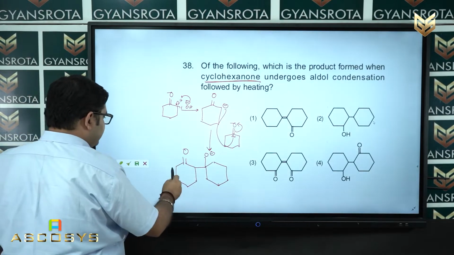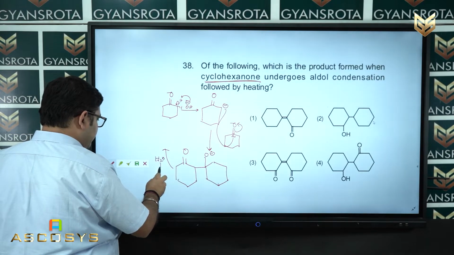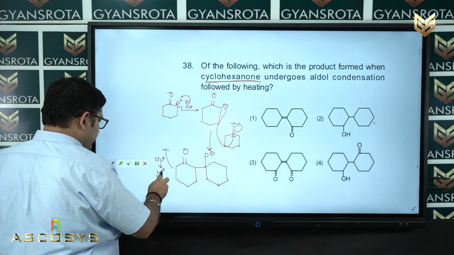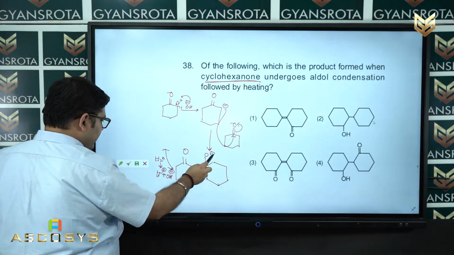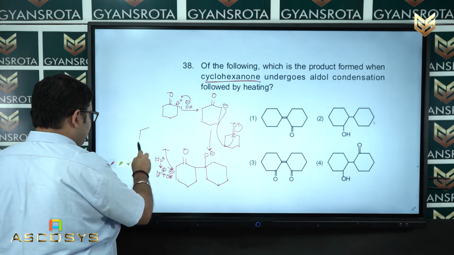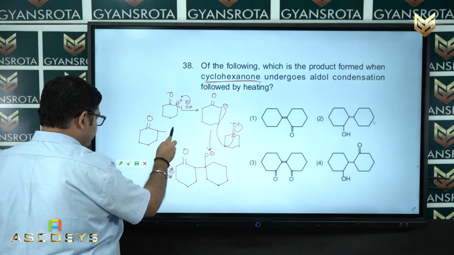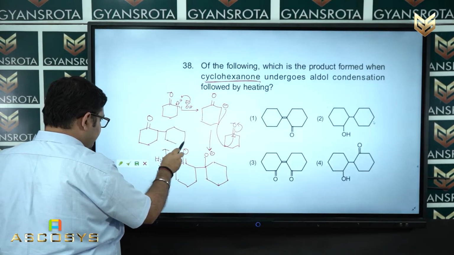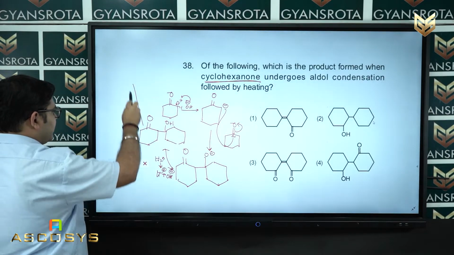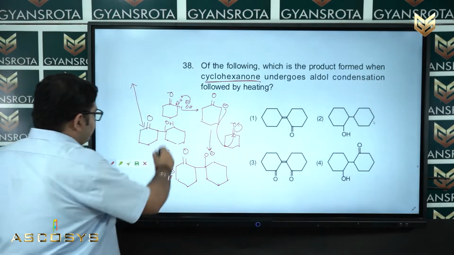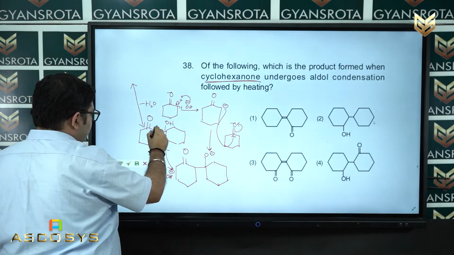Now, after that, when it reacts with H2O, in H2O there is H plus and OH minus. So, it takes this H plus and it will form this kind of product. Now, this one undergoes tautomerization, that is, if you remove the water molecule, what will happen here?